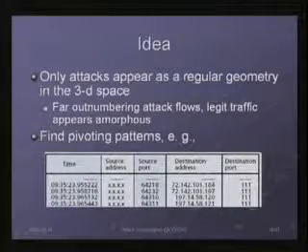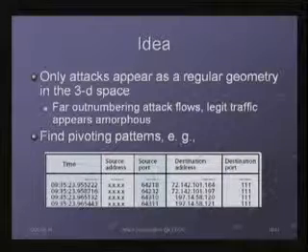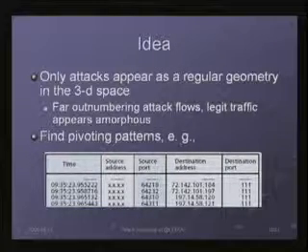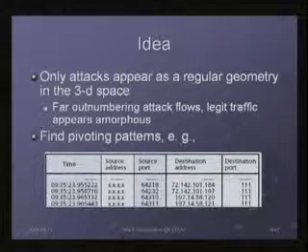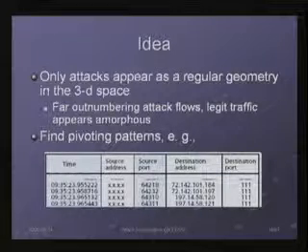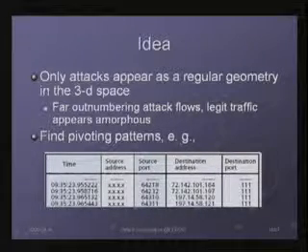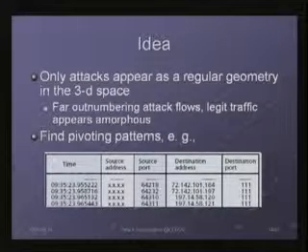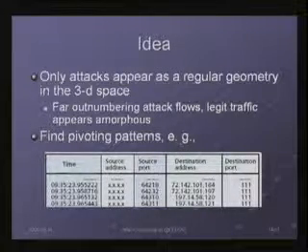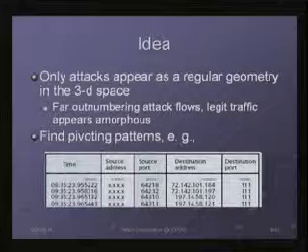The idea is that only attacks appear as a regular geometric entity in that 3D space. And they exhibit this quote-unquote pivoting behavior. Of the three values, they fix one or two and then move the others.